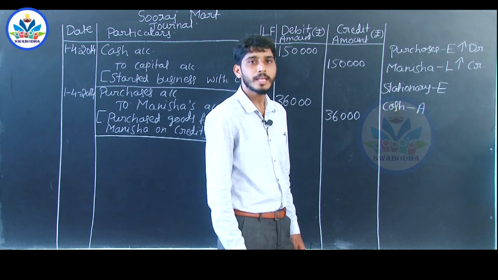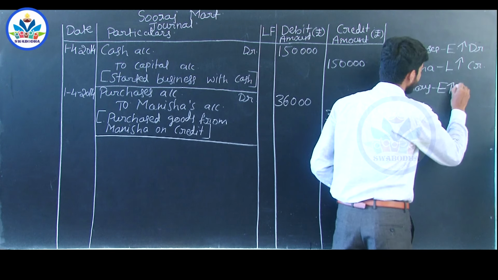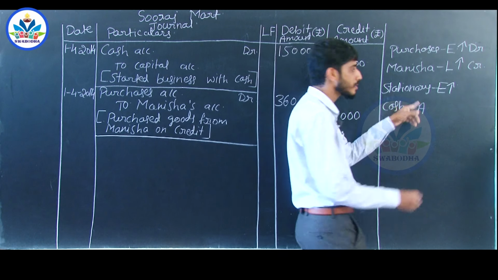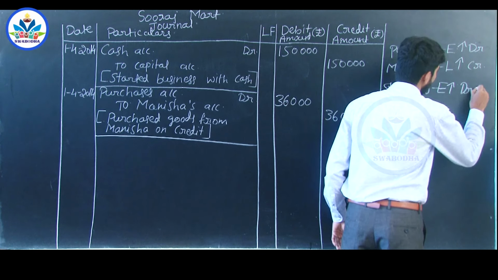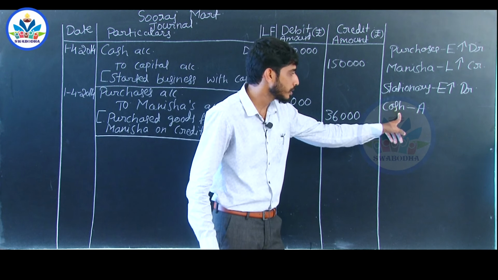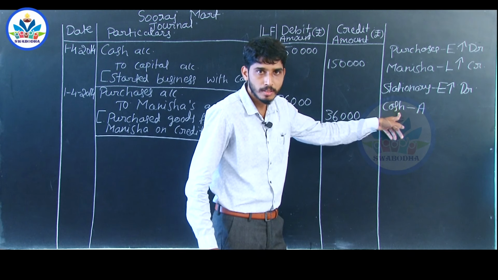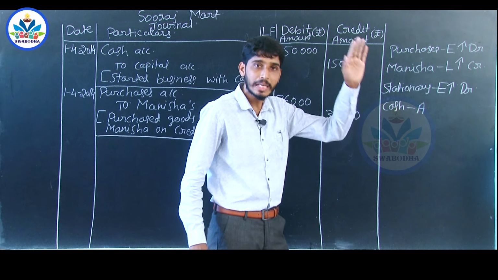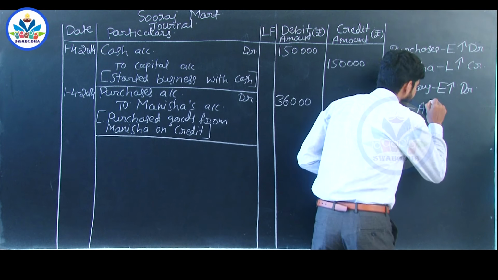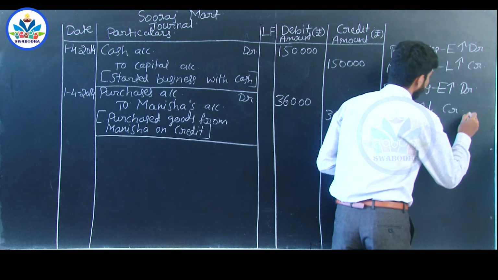Whenever you buy any stationeries, the expense value increases and the rule says increase in the expenses has to be debited. You are making the payment in the form of cash, so that your cash balance will come down or reduce. Cash is an asset, asset value decreases, decrease in the asset has to be credited.